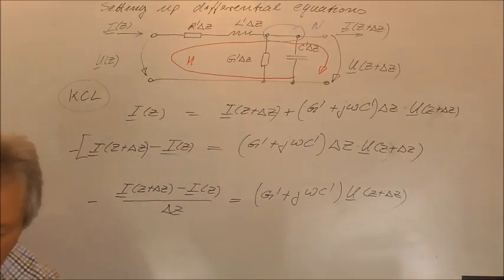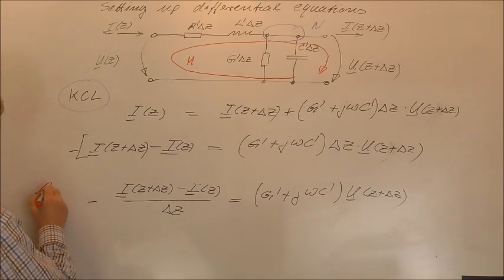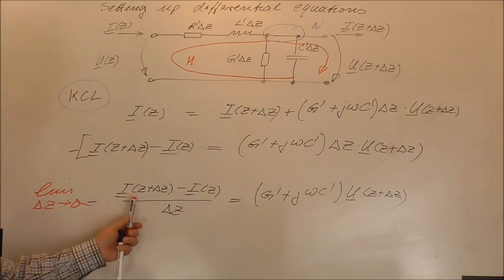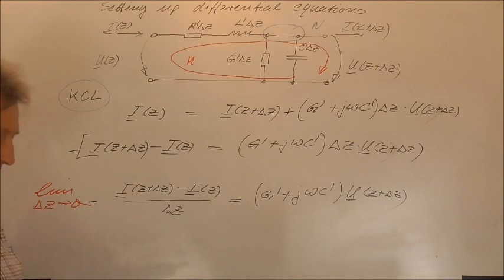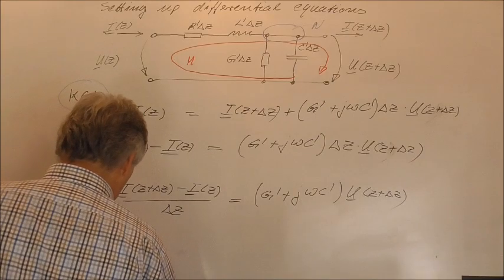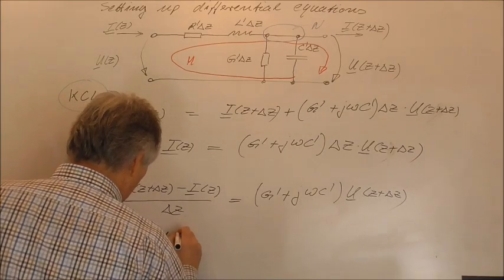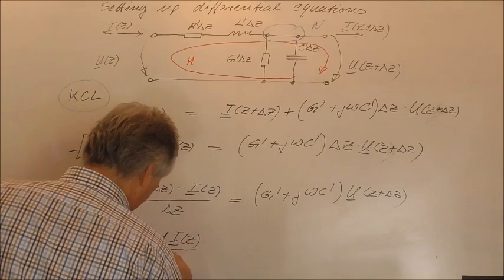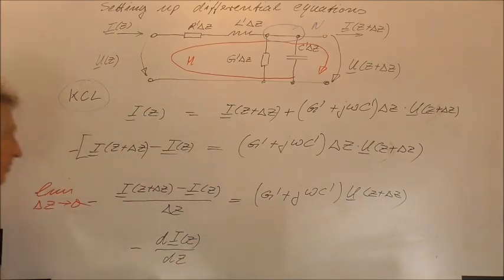And again, what we will do now is have a look at the limit delta z tending to 0. Then again, you have here the differentiation of the function I of z with respect to z. So this is minus dI of z derived with respect to z.